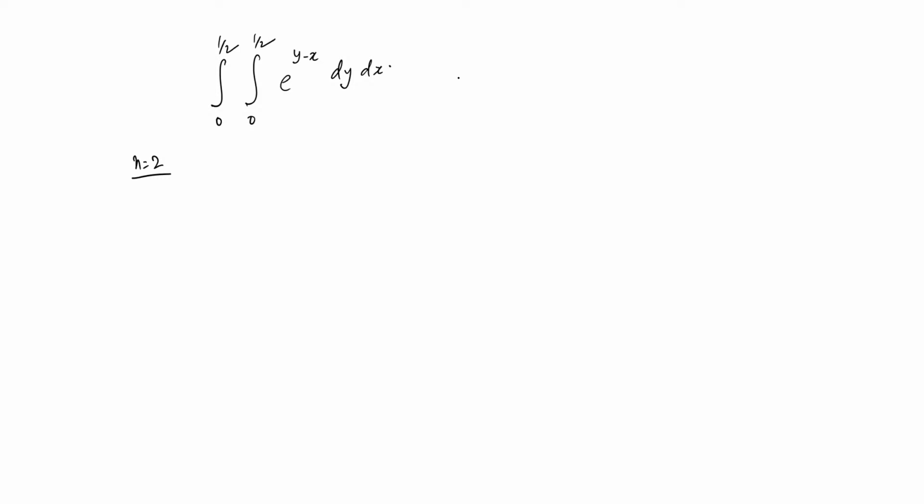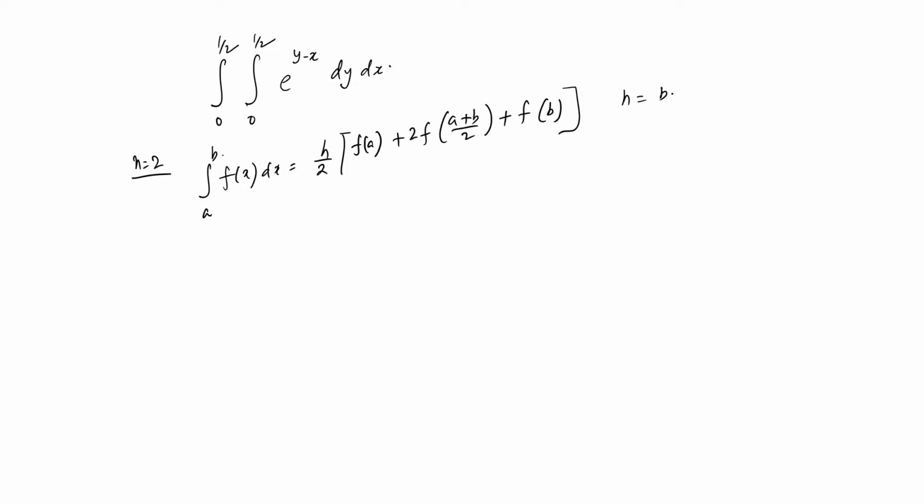Then the integral from a to b of f of x dx is equal to h by 2 times f of a plus twice the average of the two plus f of b, where, as I said earlier, h is equal to (b minus a) by n.